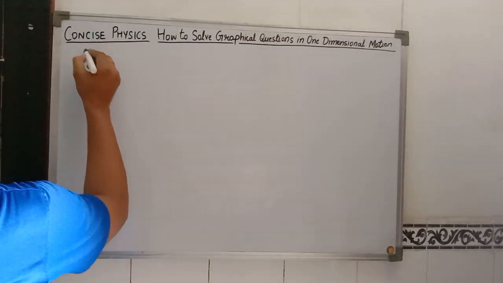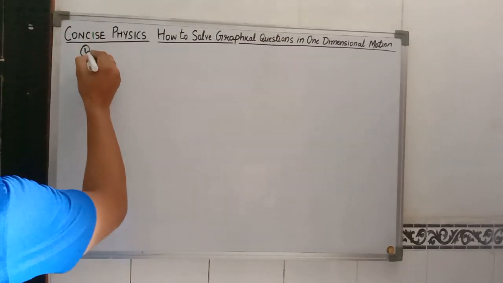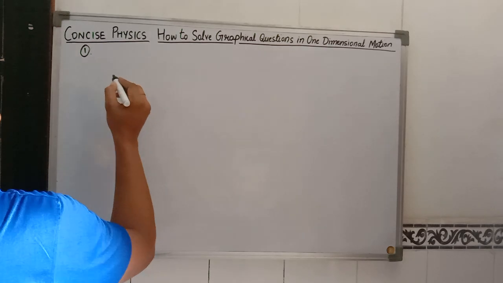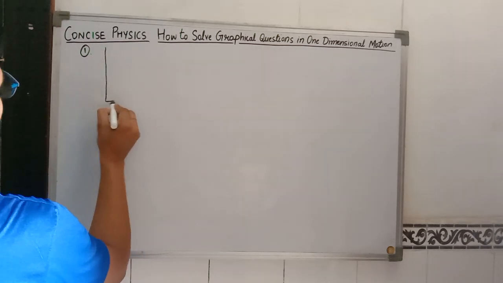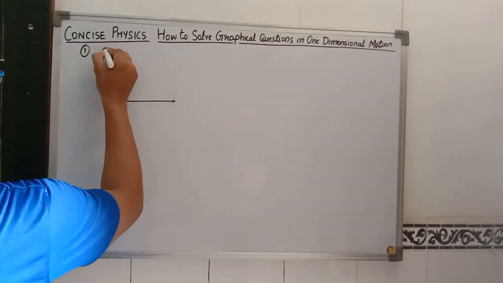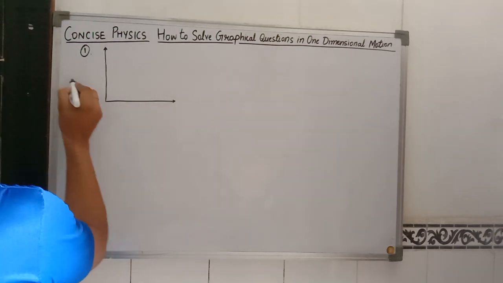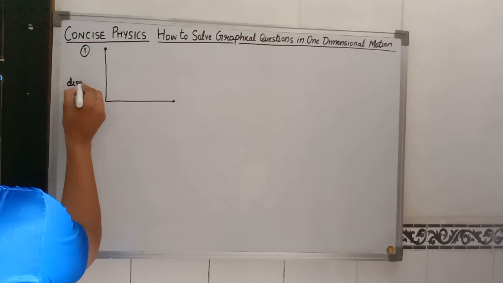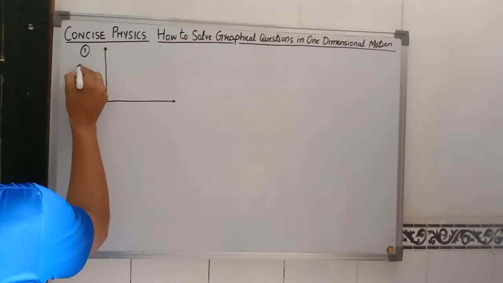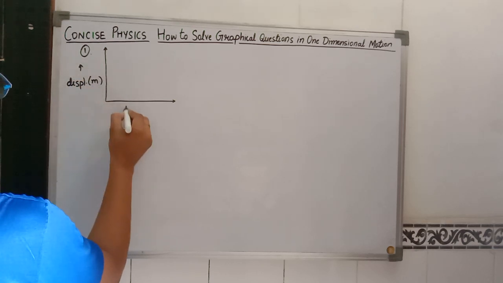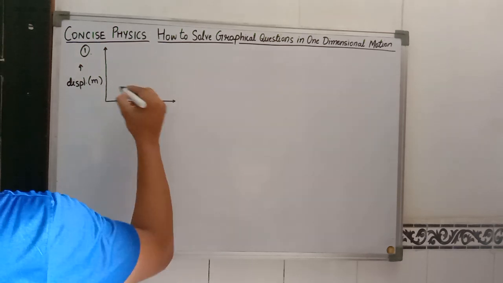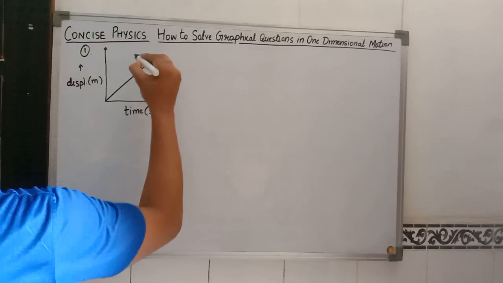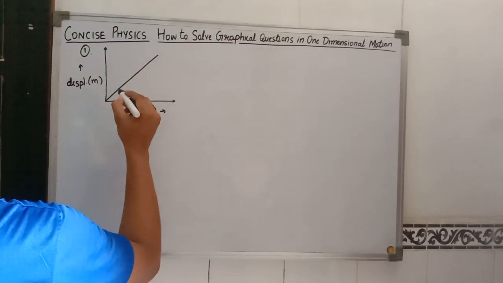Now, the first numerical is from the Concise Physics book. In this there is a graph related to distance and time. There is a graph made that is of displacement. On the y-axis, displacement is there in meters, and on the x-axis, time. The graph is like this. The values are also given.